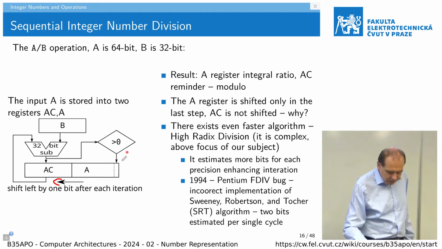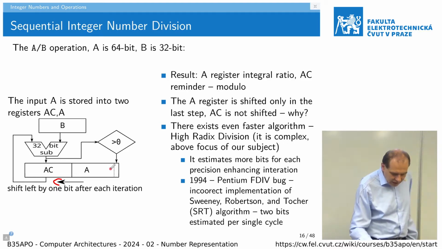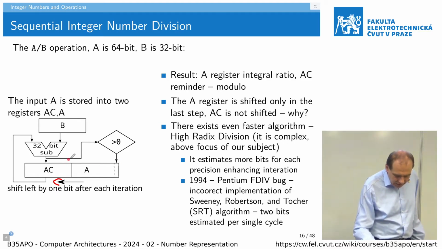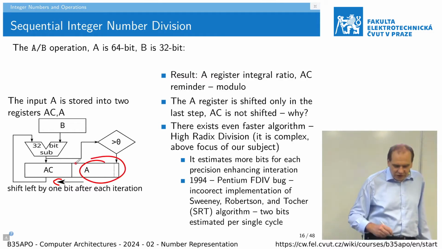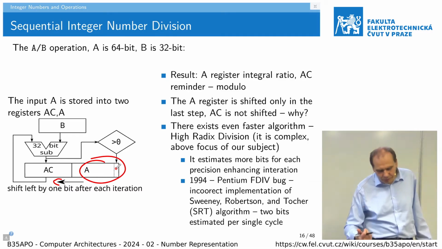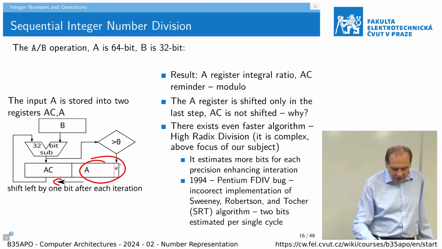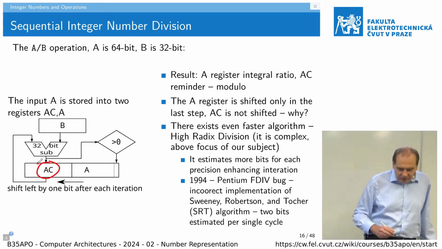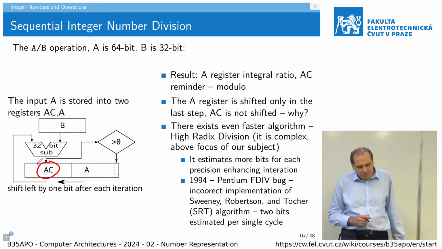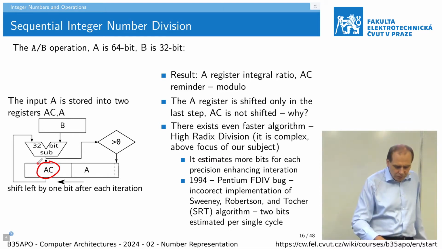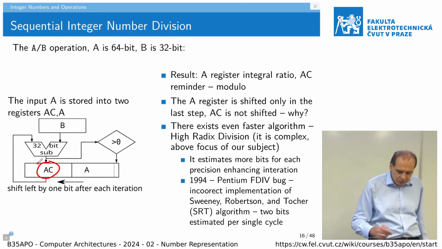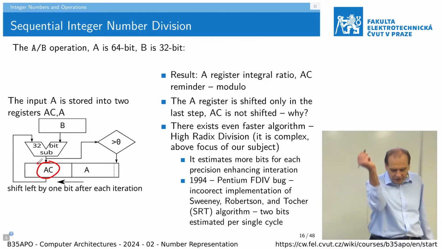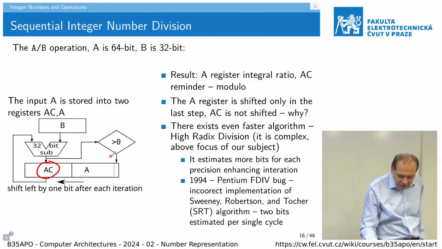And the result at the end is in the A, which is where we store if we have subtracted or not subtracted, and the AC is the result of the remainder. It is necessary to take care about the last step, not to shift something incorrectly and so on. But it works in such an easy way.